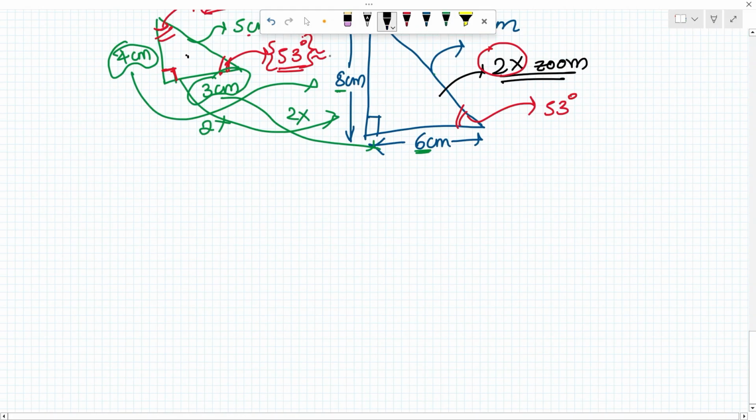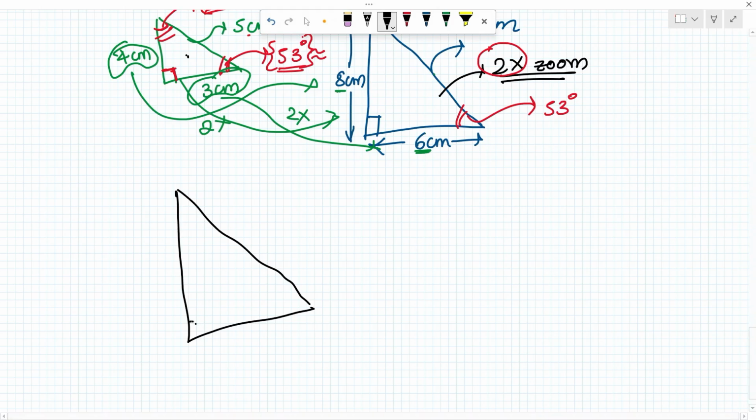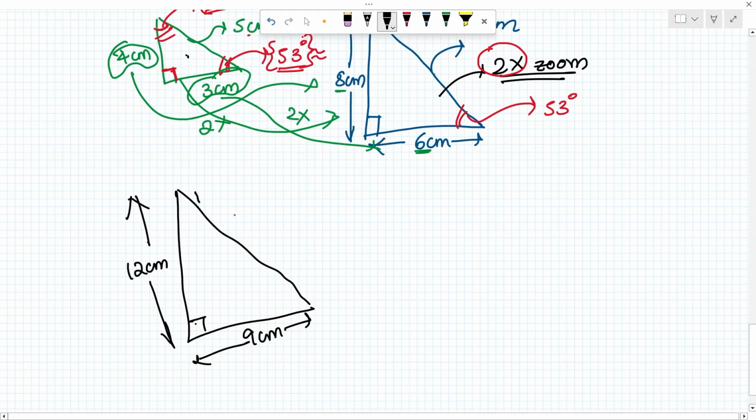If I were to draw a third triangle over here, suppose this becomes 9 centimeters and this becomes 12 centimeters. By Pythagoras theorem, this side square will be 9 square, 81, plus 144, which is 225, so you can find out that this side is 15 centimeters.